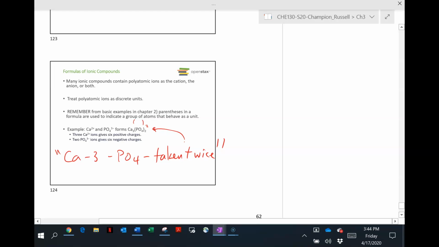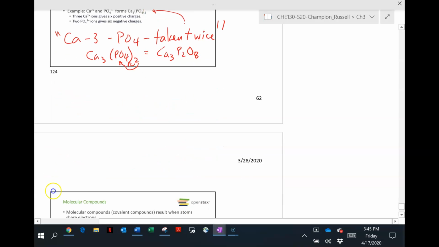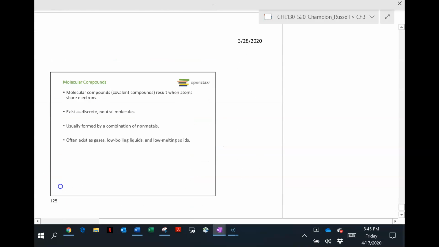And that 2 goes through the whole thing. So Ca3(PO4)2 is equal to Ca3P2O8, where I've multiplied the 2 times the 1 and the 2 times the 4. We don't refer to it that way generally, but if you were looking it up by formula in an index or something, that might be how you look for it. But we're emphasizing the phosphate ion and that we have 2 of them because we know something about phosphate ions.